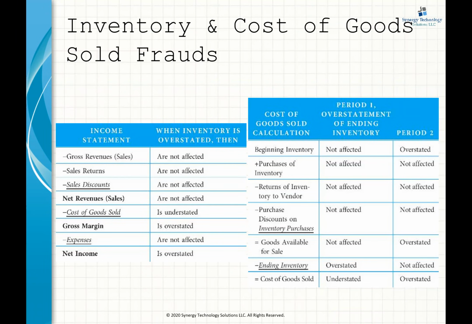When inventory is overstated, gross revenue is not impacted. Cost of goods sold calculation, period one overstatement. So these are some calculations. If we manipulate one area, how is it going to affect the other area?